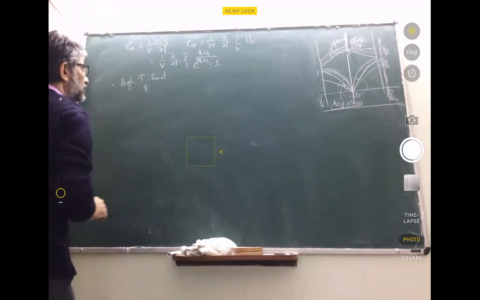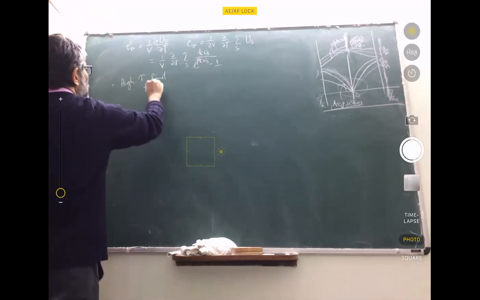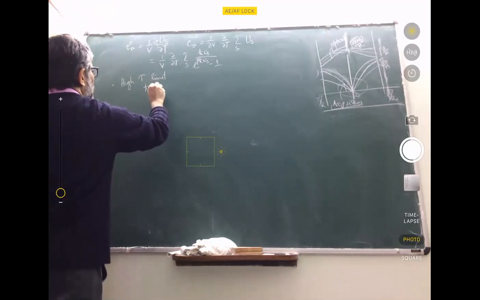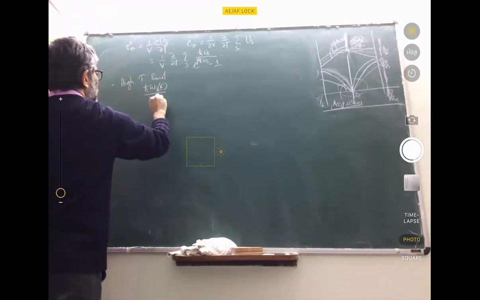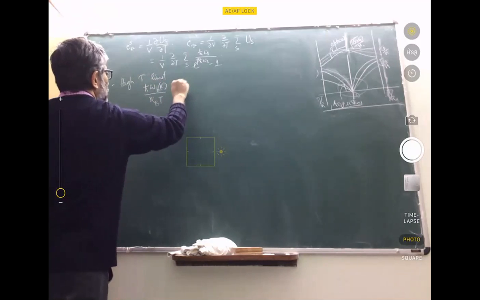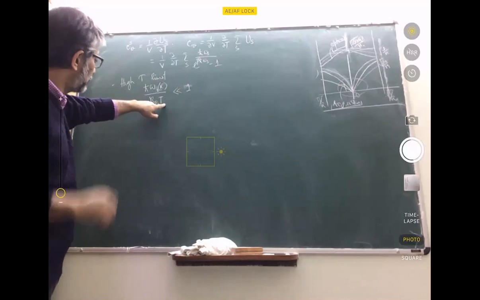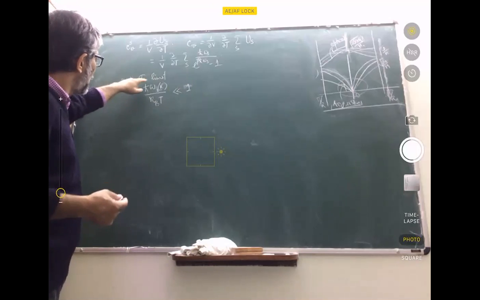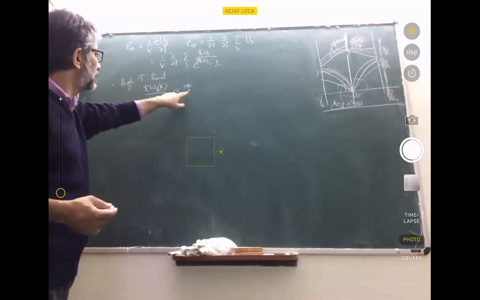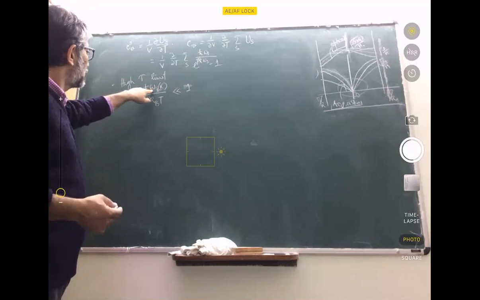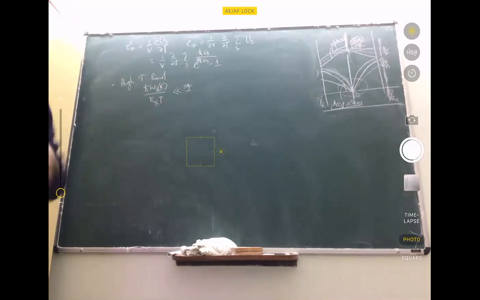That we have to be very clear about. By high temperature, we mean that the solid is at a temperature where this quantity is small for all omega i k's that we have, even for the highest frequency phonon modes in the system. So that is our high temperature limit.